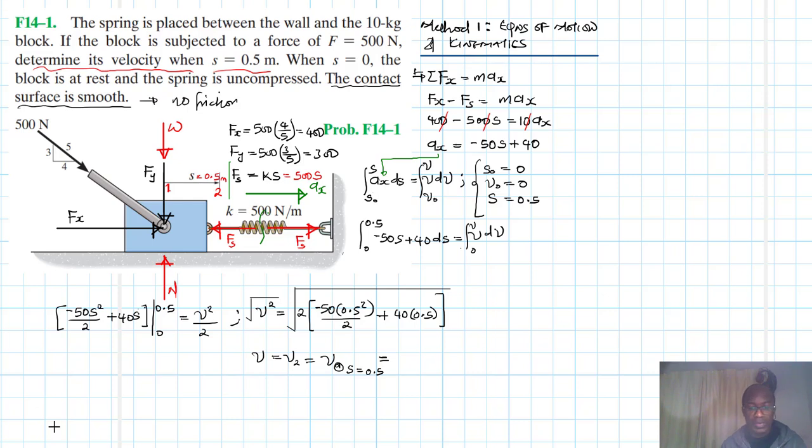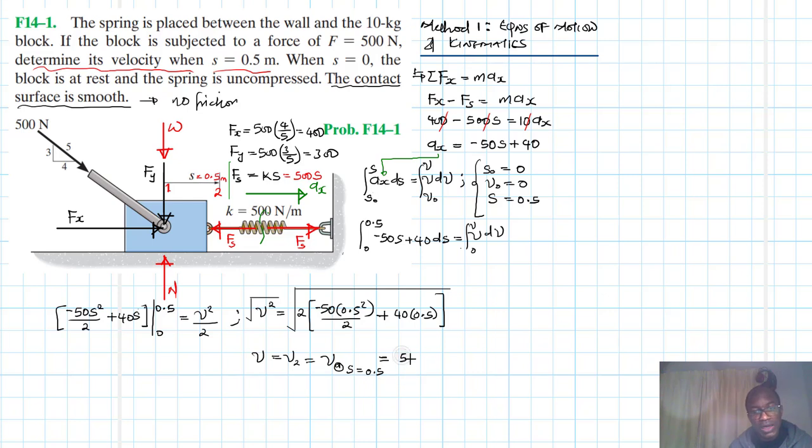There we go. Alright, so we have minus 25 times 0.5 squared divided by 2 plus 40 times 0.5 times 2, then square root of that.